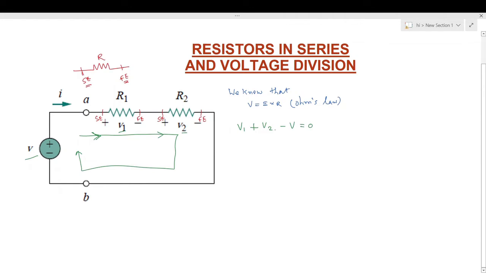On further simplification of this equation, if we take the minus V to the right hand side of this equation, it becomes plus V. So I can write V equals V1 plus V2. This is the result of Kirchhoff's second law, the Kirchhoff's voltage law.